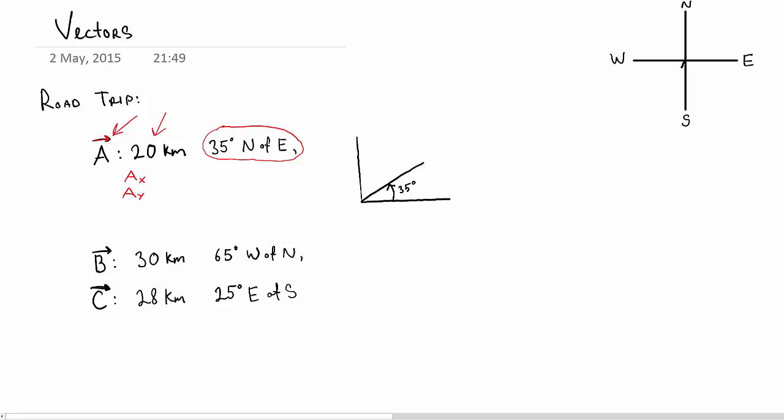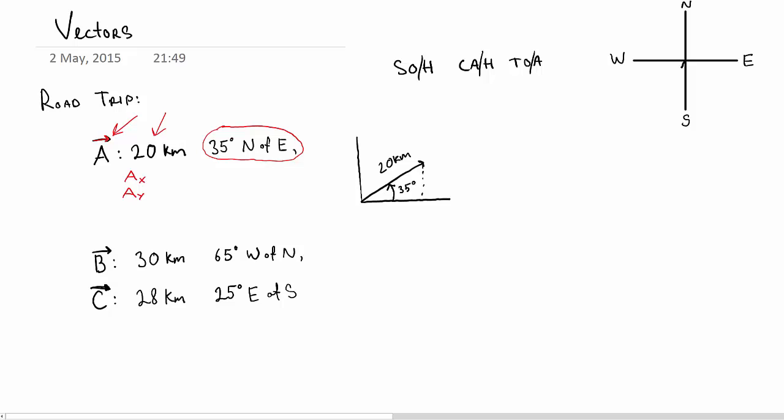And this vector is 20 kilometers. So, we can use our SOHCAHTOA. So we have our hypotenuse, that's 20 kilometers.